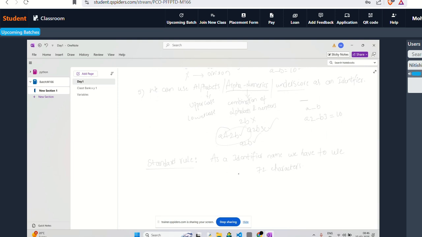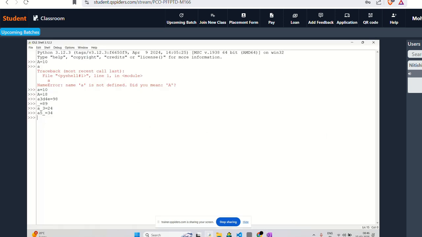If you do not follow this rule, it will not throw any error. See, it is more than 72, right?